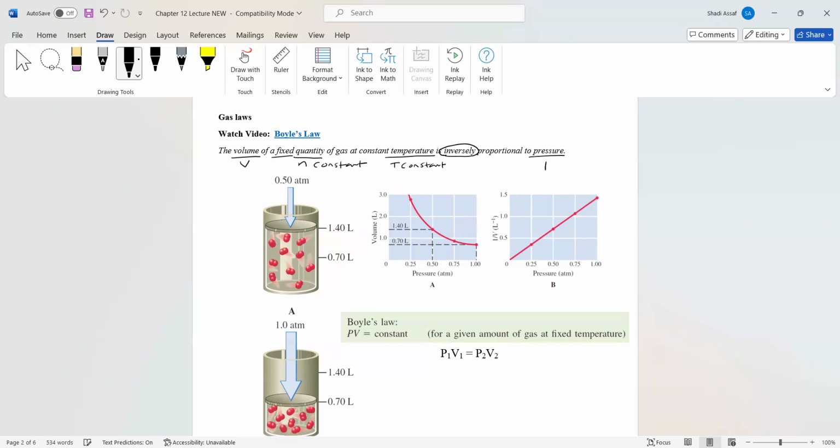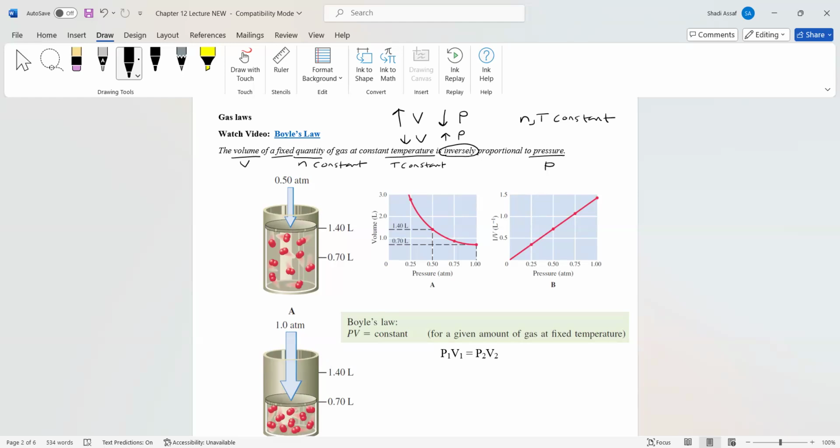So what does that mean? It means if you keep N, the number of moles, the amount, constant along with T, as you increase the volume, the pressure will decrease, and the opposite is true as well. So as you decrease the volume, the pressure will increase.